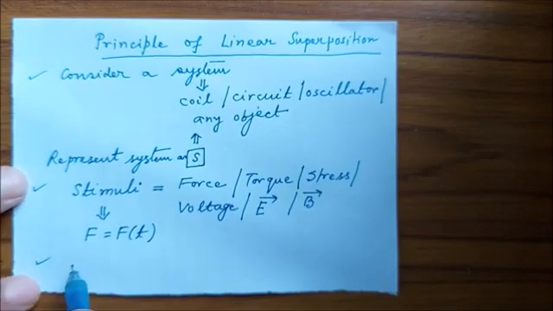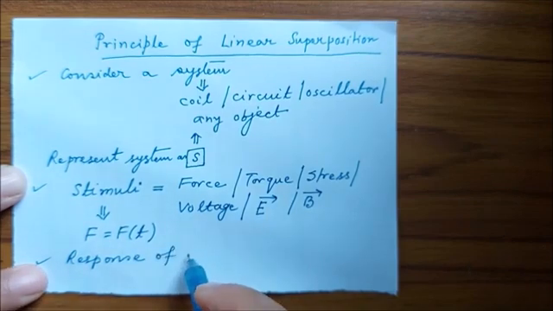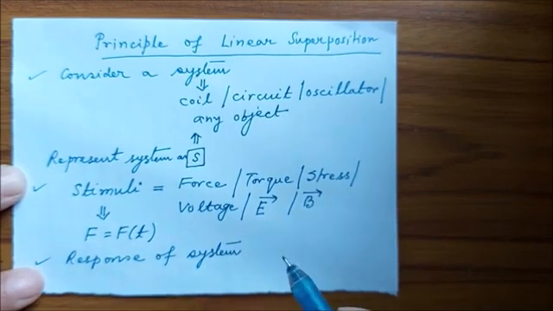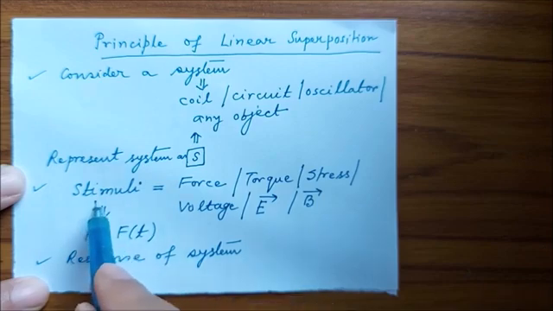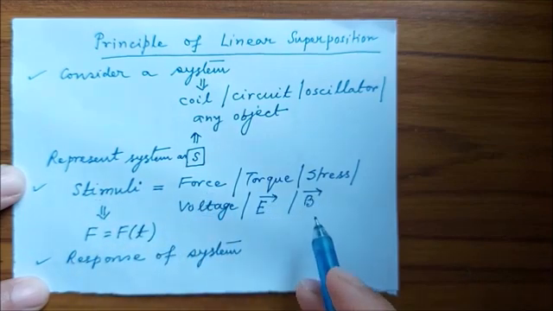Let us define what we mean by response. Response of system. That is how a system reacts when it is under the influence of a stimuli, which might be a force or torque and so on.